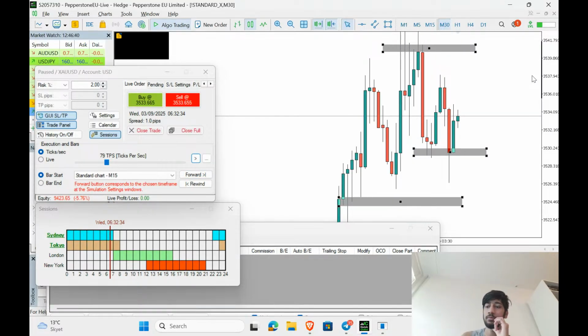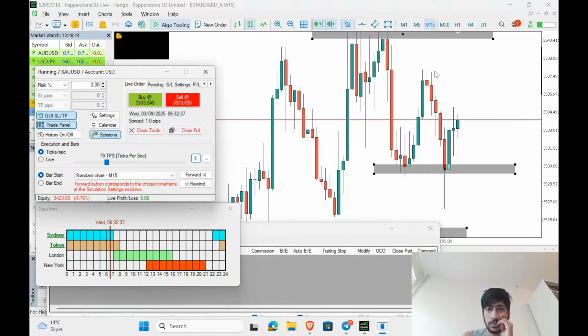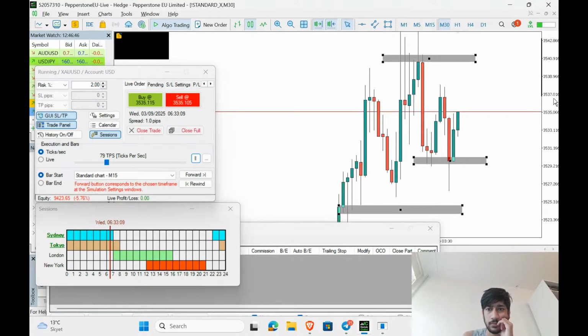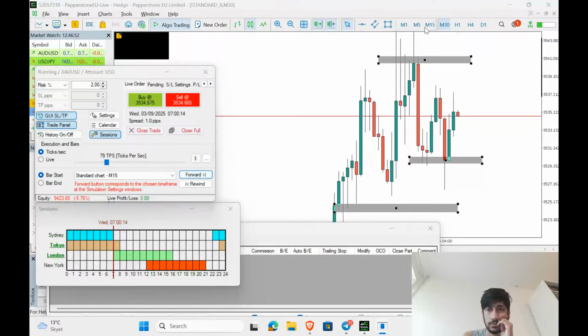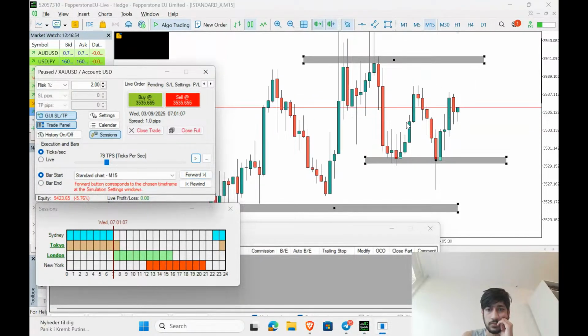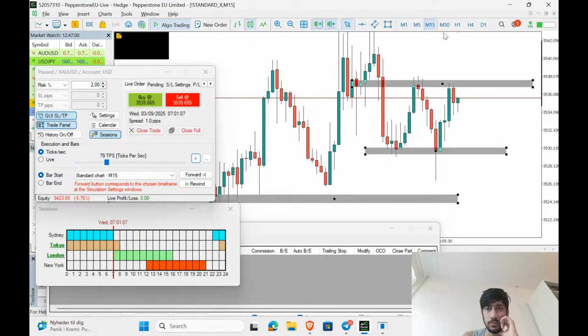M30 we formed bullish, right? M15 nothing. We formed resistance.